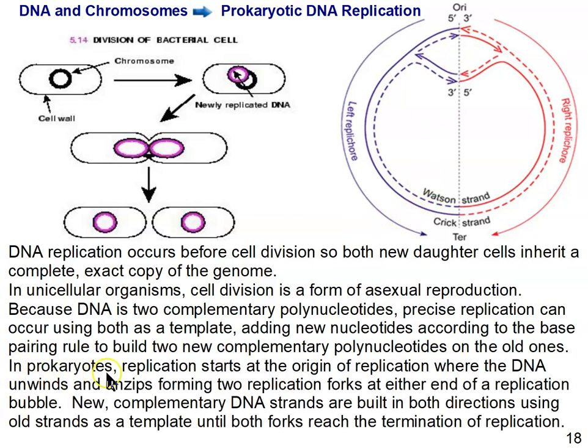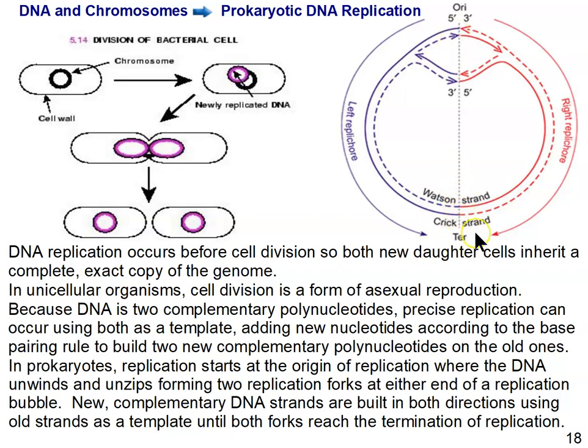Like it says here, in prokaryotes, replication starts at the origin of replication, and there's only one in prokaryotes. That's different in eukaryotes. And the DNA unwinds and unzips at the origin of replication, and new DNA strands or new DNA polynucleotides are built on the old polynucleotides, and that proceeds in both directions around the chromosome until it meets at the other end of the chromosome or at the other side of the circular chromosome.